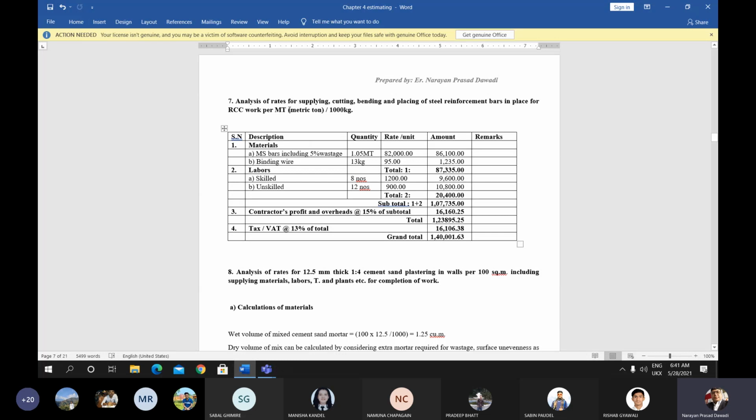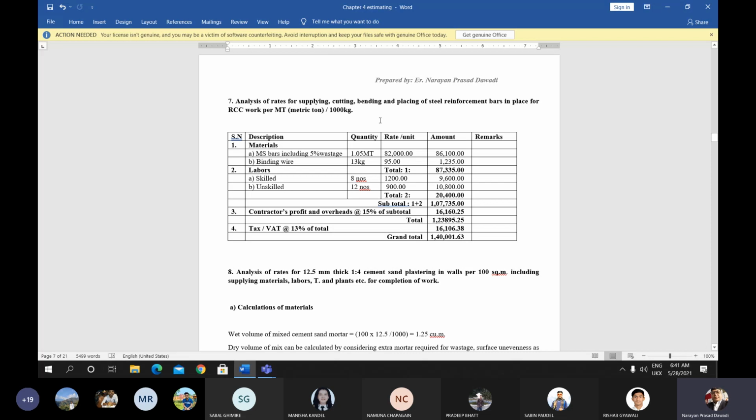Now, for calculation of the material for 1 metric ton, meaning 1000 kg of reinforcement bar, we have to consider the wastage. If we take only 1000 kg of the reinforcement bar for 1 metric ton, that may not be sufficient because there may be wastage.